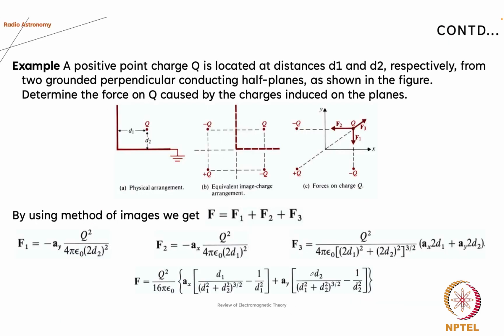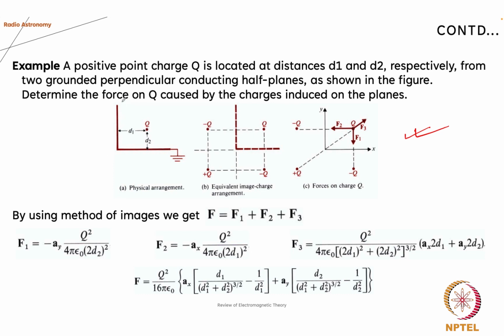Now I also said that the method of images is valid for forces. So if you see here, you have a charge q at a distance from a grounded conductor, d1 from the vertical side and d2 from the bottom.